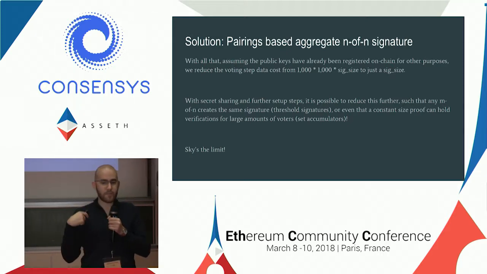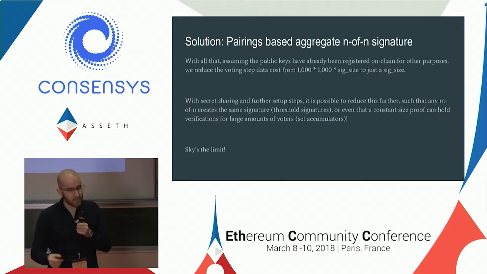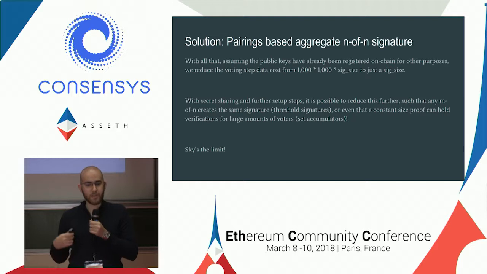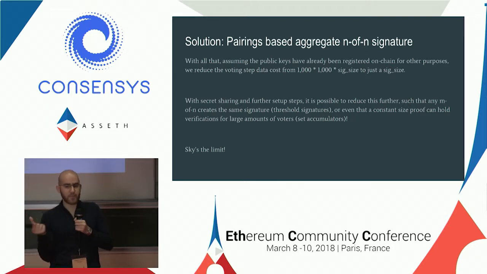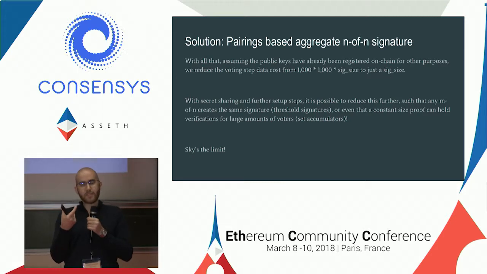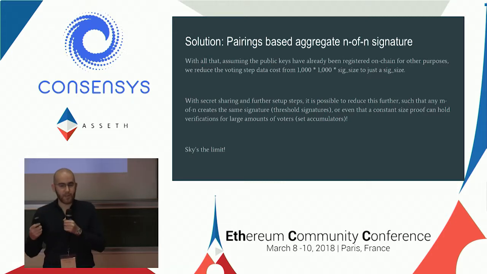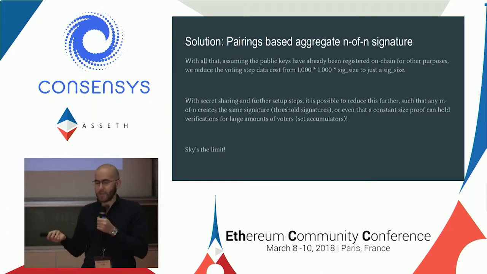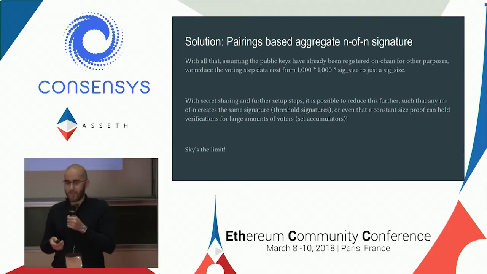And for even more initial setup costs, and a bit more exotic math, you can create a constant size proof. You can see it as a smart hash that can hold verifications for a practically unlimited amount of events, which is called a set accumulator.